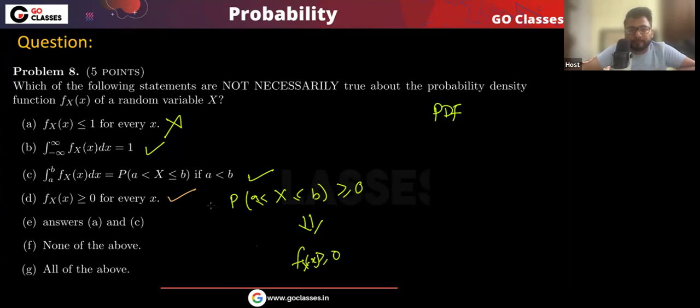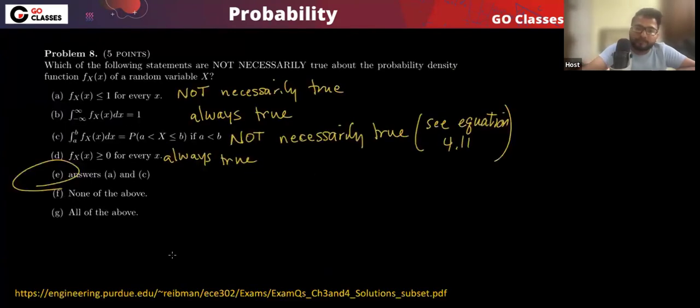Okay, so these are the four options. I think A is the answer as not necessarily true. They are saying C is also the answer. From A to B, if you do it, then you will be getting the probability, right?